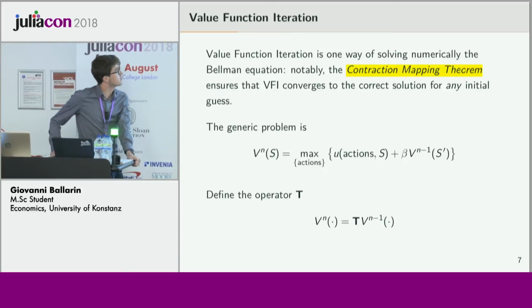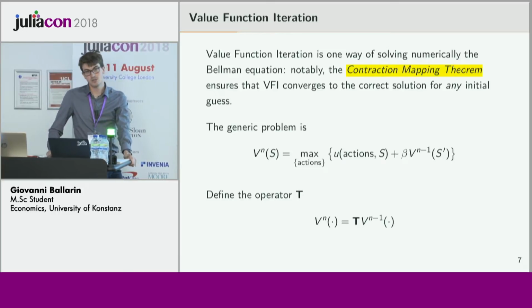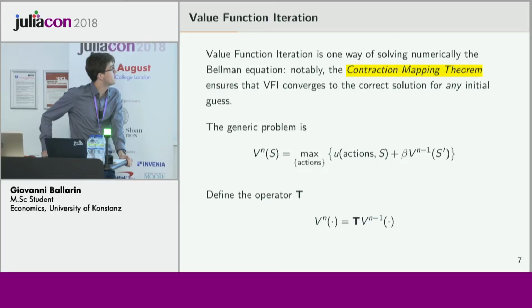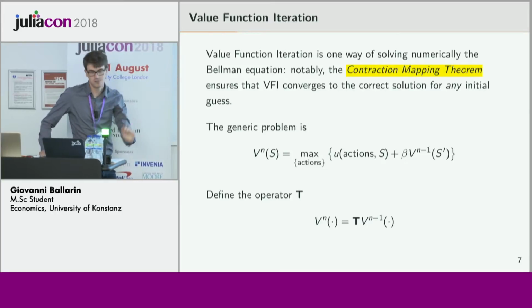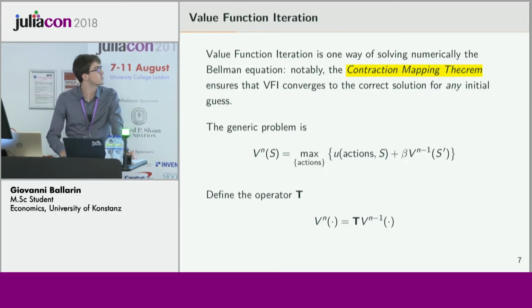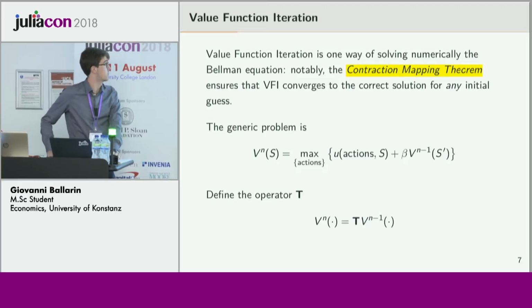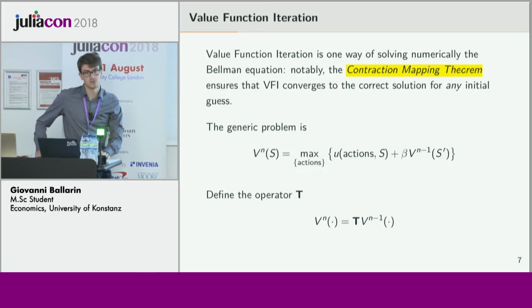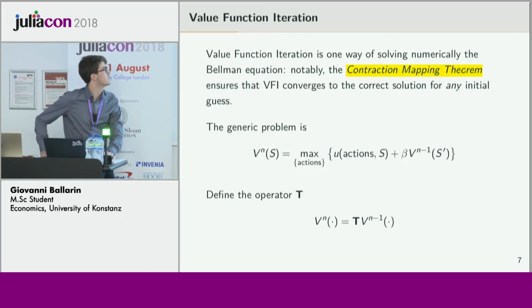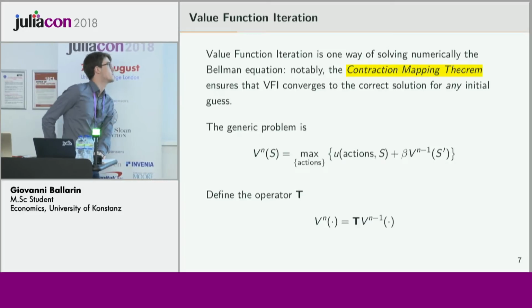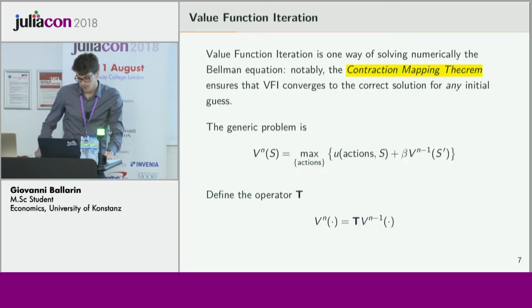Value function iteration is actually not the only way of solving dynamic programming, but it's a good way because of the contraction mapping theorem, which tells us that if there is a solution, value function iteration should converge. It doesn't even matter where you start from, it's going to converge eventually if you give it some time. The generic problem is what we see here.